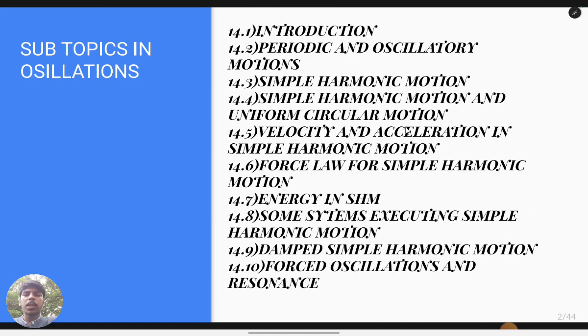According to NCERT, there will be 10 subtopics, 10 objectives of the lesson Oscillations. That includes introduction, periodic and oscillatory motions, simple harmonic motion and uniform circular motion, velocity and acceleration in simple harmonic motion, force law for simple harmonic motion, energy in SHM, some systems executing simple harmonic motion, damped simple harmonic motion, forced oscillations and resonance.